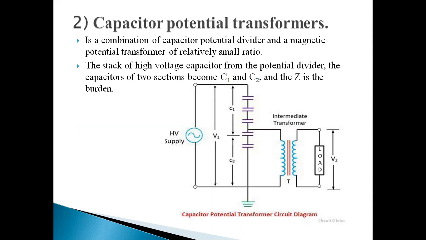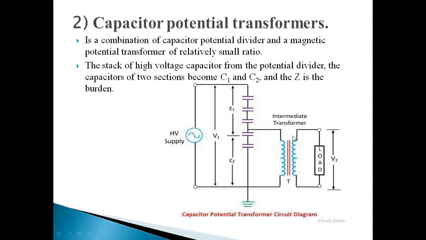So this is the second type. In this capacitor potential transformer, the capacitor is used, as its name says. It is a combination of a capacitor potential divider and a magnetic potential transformer. So this is the divider, and this is the intermediate magnetic potential transformer.